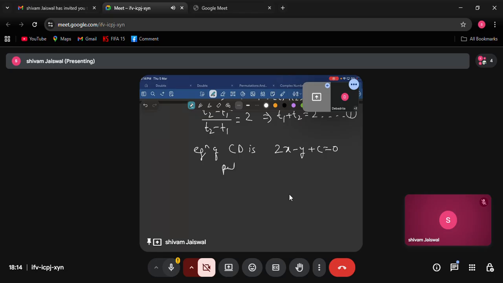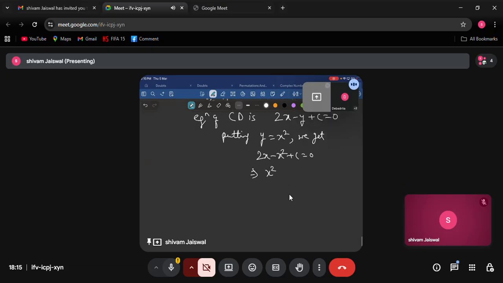Putting y equal to x square, you'll get a quadratic: 2x minus x square plus c equal to 0, or you can say x square minus 2x minus c equal to 0. This is the quadratic whose roots are the abscissae of C and D, T1 and T2. So T1 plus T2 is equal to 2, and T1 T2 is equal to minus c.